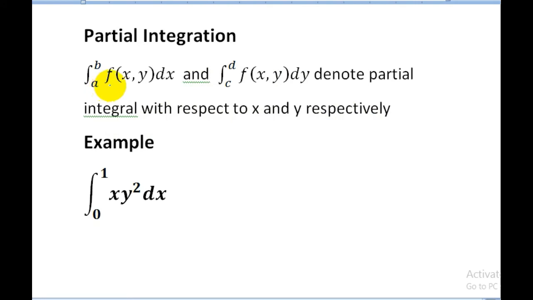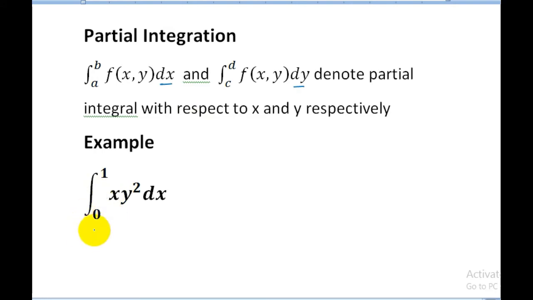So these are the notations for partial integration with respect to x and with respect to y. Remember, if we partially integrate a function with respect to x, y is considered as constant, and similarly for partial integration with respect to y, x is considered to be a constant.